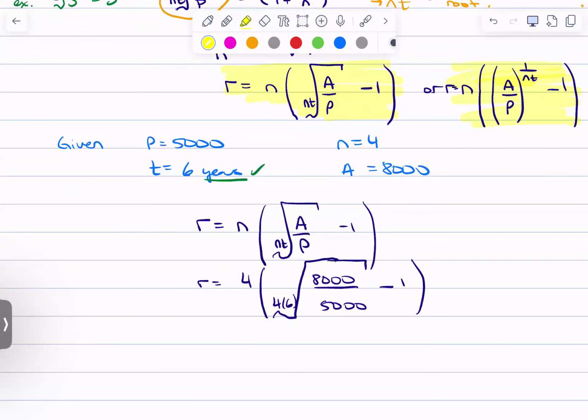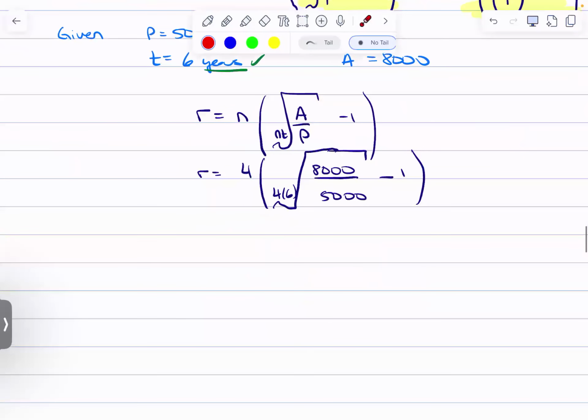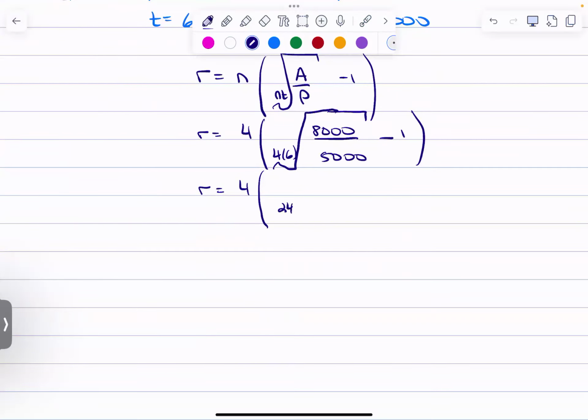But you do need to simplify 4 times 6, n times t, right? N times t, 4 times 6, it's 24. So I have r is 4 times the 24th root of 8,000 divided by 5,000. Is it anything nice? 1.6, that's nice. And then minus 1.